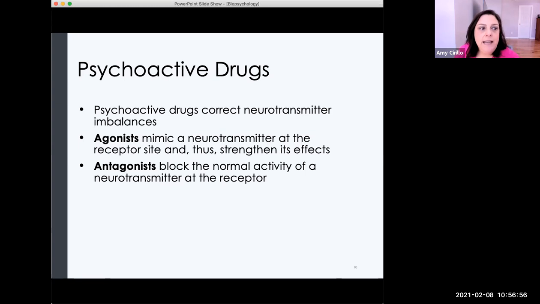And then antagonists block the normal activity of a neurotransmitter or a receptor. So they might kind of look like the key, but just go into that receptor and make it so nothing else can go in. So there's no connections happening over the synapses, right?